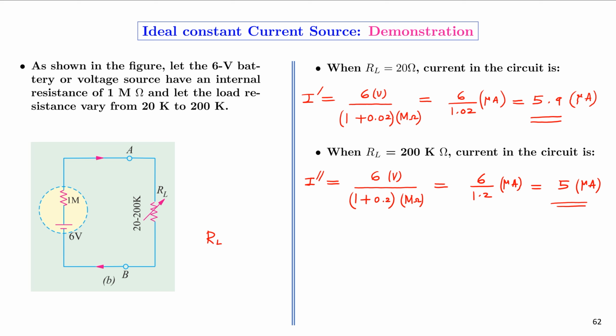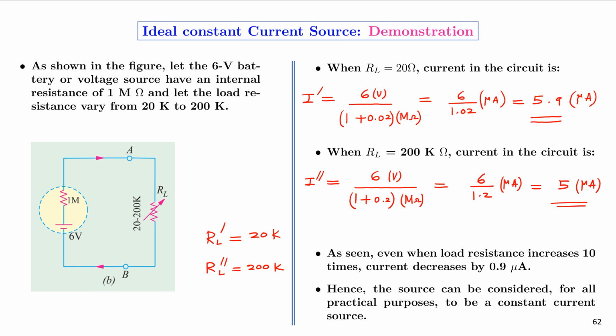So the load resistance initially was 20k, and then it was increased to 200k. That is, we have increased the load resistance to 10 times. When we increase the load resistance 10 times, we see that the current decreases by 0.9 microampere, which is a very low value.